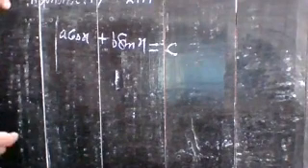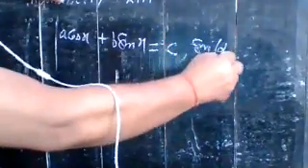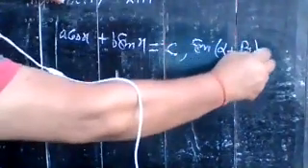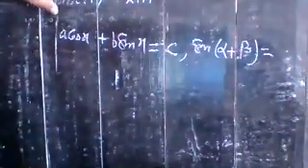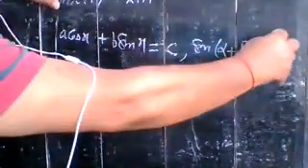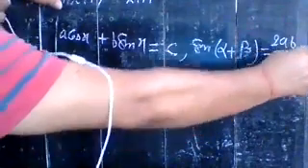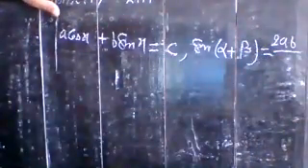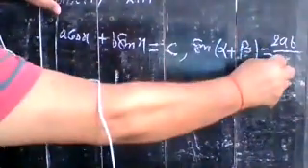then prove that sin(alpha plus beta) is equal to 2ab upon a square plus b square.